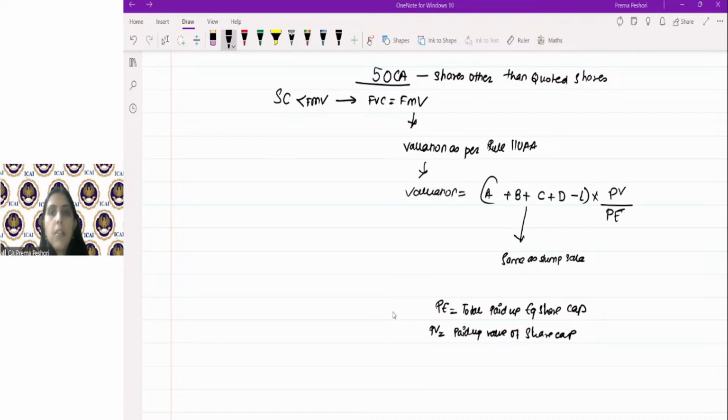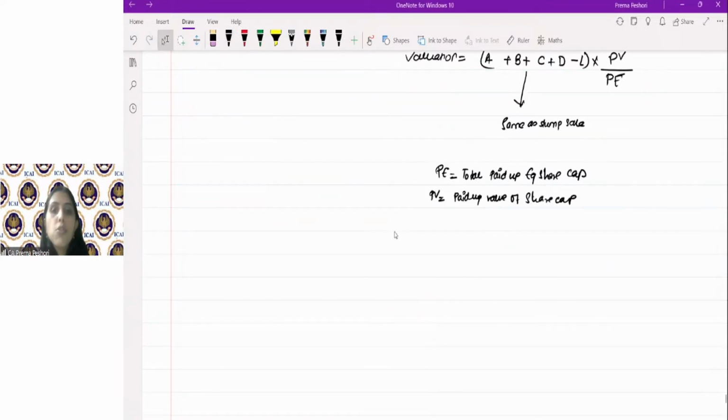Okay. Now this was about 50CA. Okay. Now there is one exception which has been provided under Rule 11UAD. What is that exception which is provided over here? The exception is that Section 50CA will not be applicable to a company which has gone into the insolvency resolution. So you can write it down. Exception.